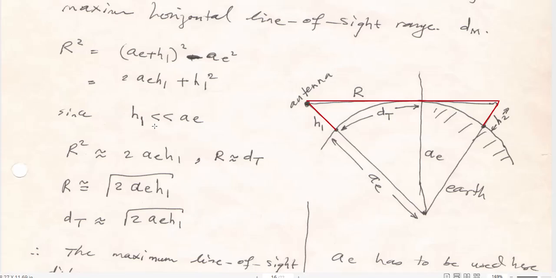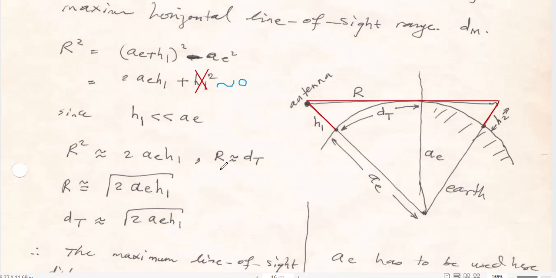Since h1 is much less than ae, the antenna height being much less than the radius of the earth, of course, we can cancel this. We can approximately set this to 0. And the equation here will be r squared equals twice ae h1.